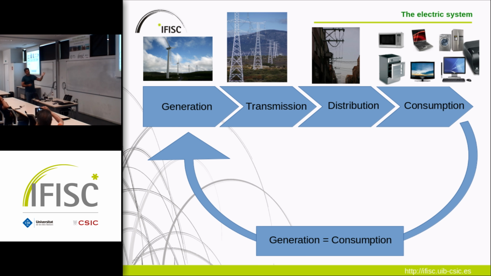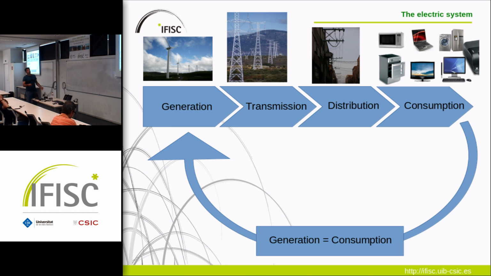It has the generation of electricity from a primary source. Then there is the transmission of the electricity from the generation to the end point, and this is divided in two: the transmission, which is the high voltage power lines, the high voltage network, and then the low voltage network, which is called distribution. So it's transmission and distribution that reaches every house. And then there are the consumers, us, where the electricity is consumed.